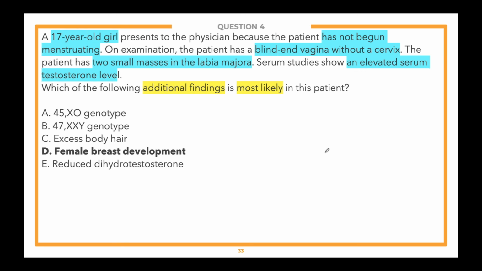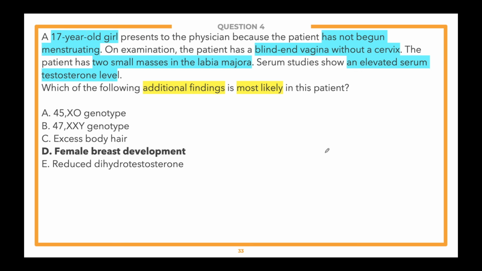It wasn't saying that female breast development would be absent; it's saying it would be present, a finding we would see in this patient. It's always important to read those lead-in questions closely to make sure you understand what they're asking.